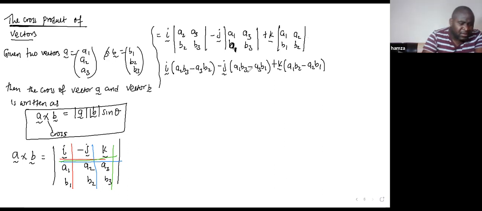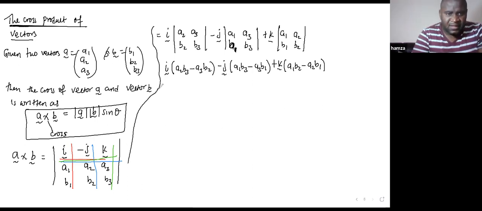And then you'll get our result. So let's have an illustration of this so that we can see the relevance of the equation very well. This is a magnitude. This is a magnitude.